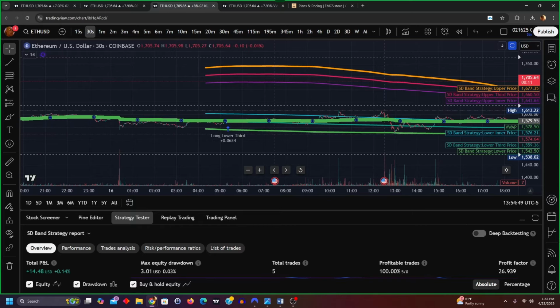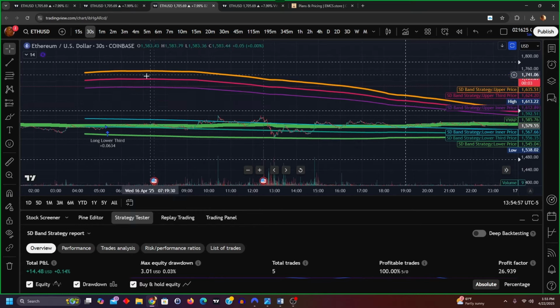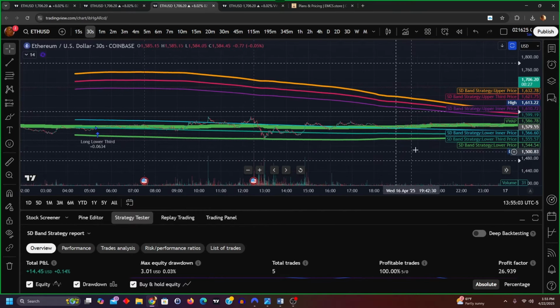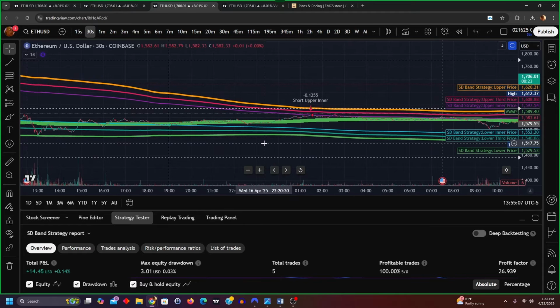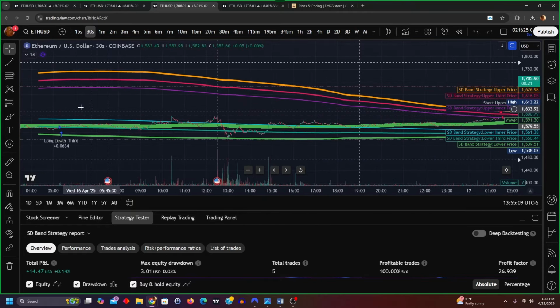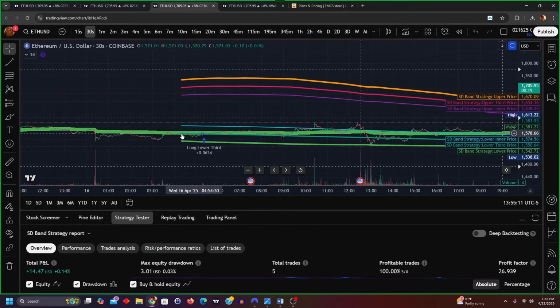Deep back testing is different, but it won't show you the historical charting, plotting of the strategy beyond, I think the maximum is something like 5,000 or 4,000 bars. And this is on, you can see the 30-second chart.